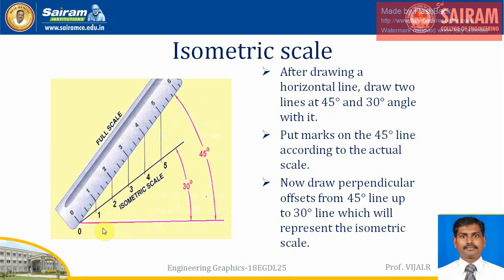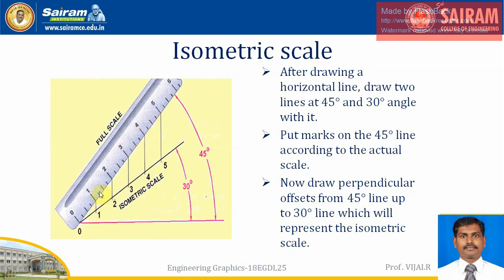We have drawn a horizontal line, and we will draw two lines of 45 degrees and 30 degrees. Suppose I mark 5 centimeters on the horizontal line, 1 2 3 4 5 with a true scale, and if I rotate it, it will give the true scale. For the 45-degree line, imagine a line drawn at 45 degrees, and I am measuring scale values here: 1 centimeter, 2, 3, 4, like this.